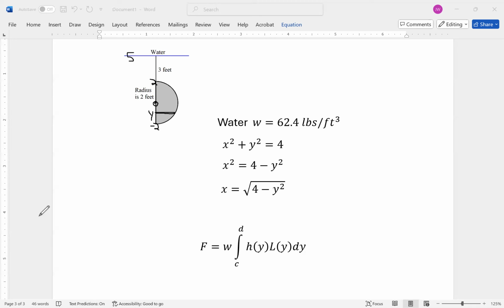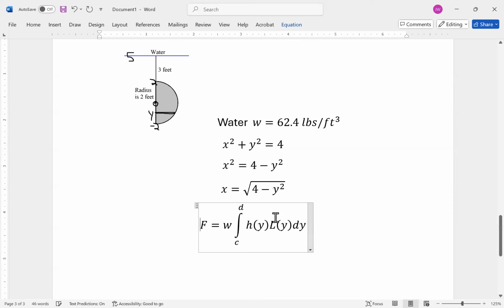And now we're ready to put things in. So here we go. Let's take this and start plugging in some numbers. Again, weight density, 62.4 because we're in water.